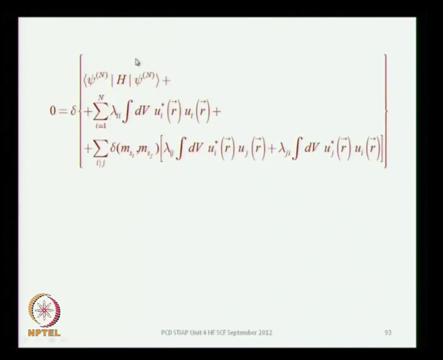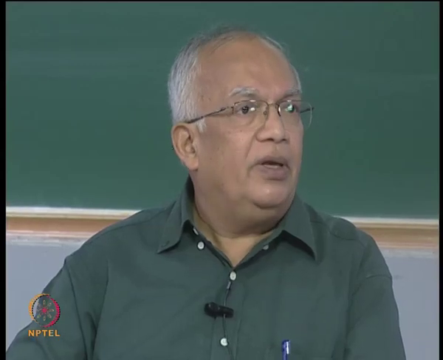Now, let us include the terms coming from the constraints. You have got these terms coming from the constraints: this is coming from the normalization constraint, this is coming from the orthogonality of i with j, and this one from j with i. These are complex functions, and the real part and the imaginary part can be varied independently.